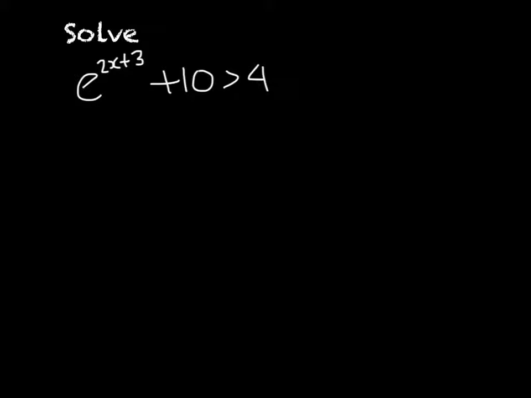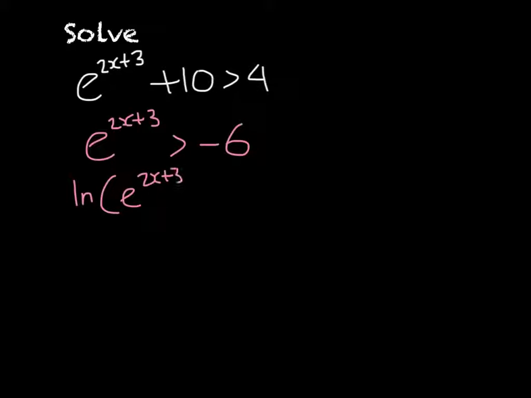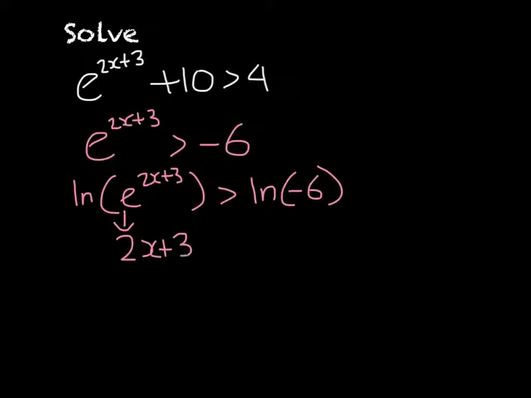Solve e to the 2x plus 3, plus 10 is greater than 4. So I'll subtract 10 from both sides, get negative 6. Now I'm going to take the natural log of both sides, and in this way I should be able to make the right hand side 2x plus 3, and then the left hand side should be the ln of negative 6.